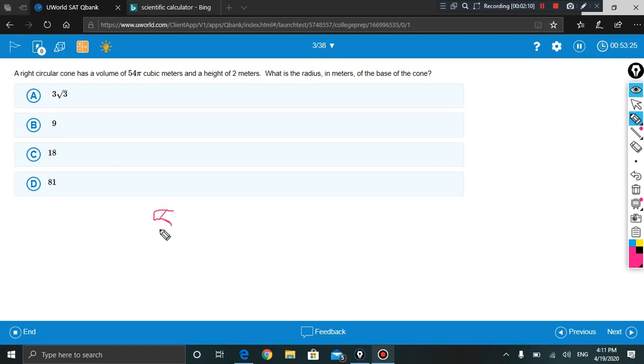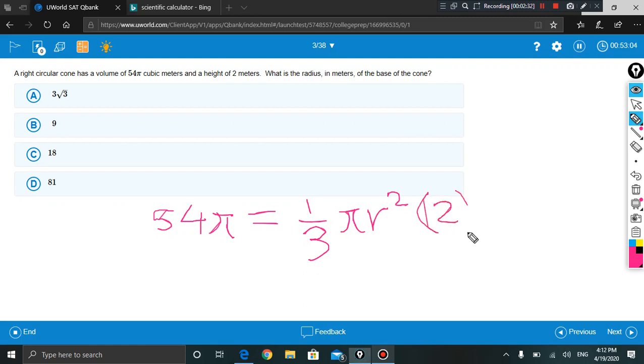Okay, so we can say 54 pi is equal to 1 over 3, because that's a cone, one third pi r squared h, where r squared is multiplied by 2.